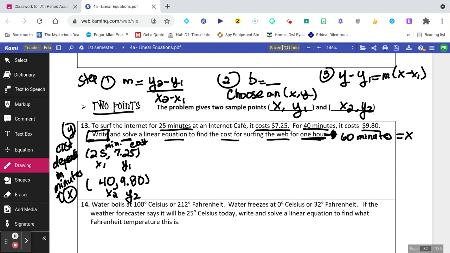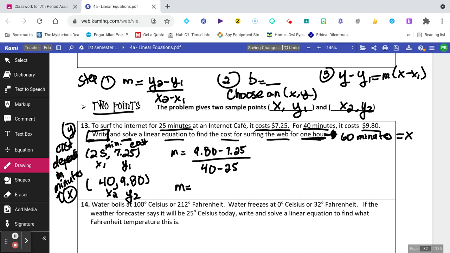I'm going to find the slope. So I'm going to take the second y, which is 9.80, and subtract the first y, which is 7.25, divided by the second x, which is 40, minus the first x, which is 25. And let's see what we get.